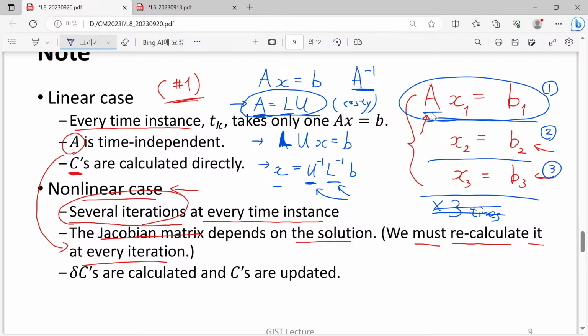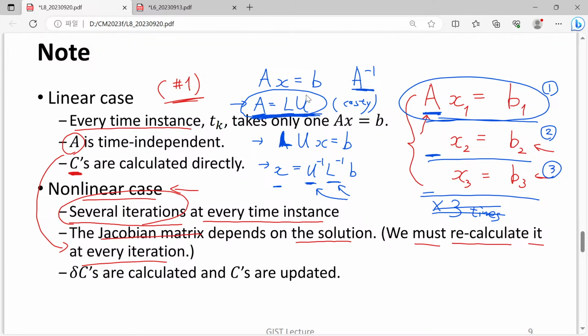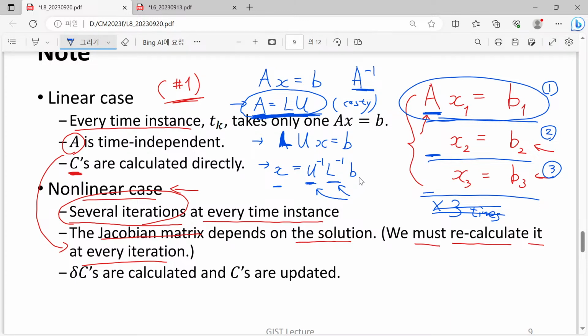However, since they share the same matrix, this time-costly LU decomposition can be done only once. And the remaining thing is you just use b1 and x1. It doesn't take much time. When you have b2, almost immediately you can get x2, and with b3, you will get x3 almost immediately. So are you with me?